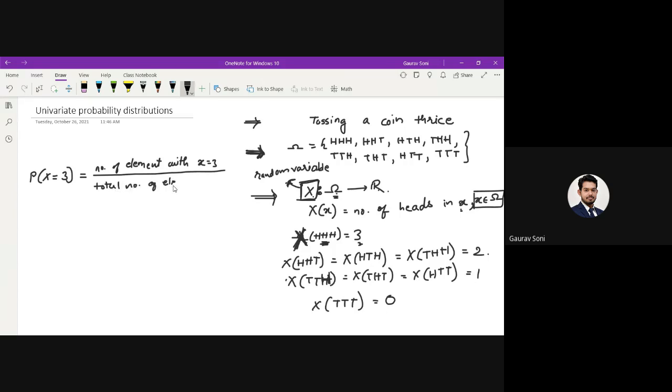How many elements do you have with the value of X as 3 in the sample space? One. So 1 by 8. I can also assign the probability for X equal to 2. Can you tell me what will be the probability? 3/8. Exactly. Very good. So probability of X equal to 1 is 3/8. Probability of X equal to 0 is 1/8.